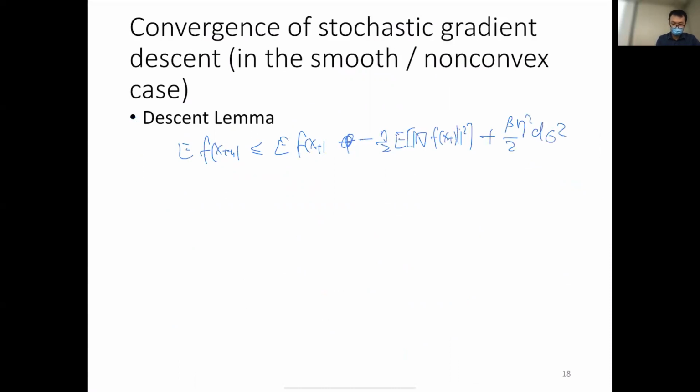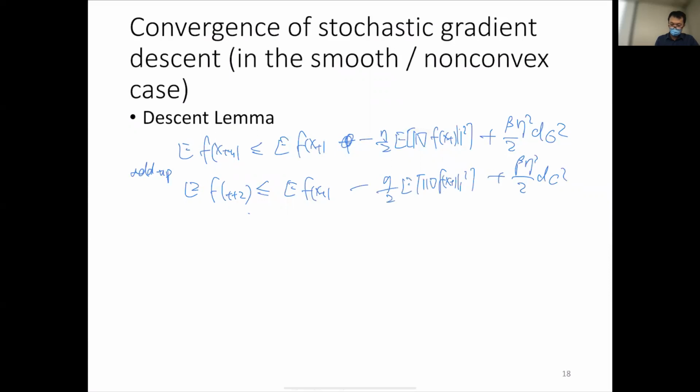Okay, so I'm gonna add up all of these, f of x_{t+2} minus that, and so on.